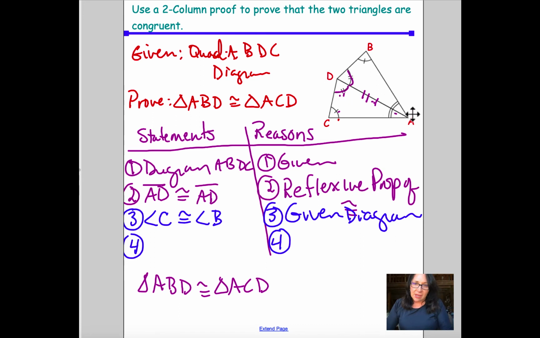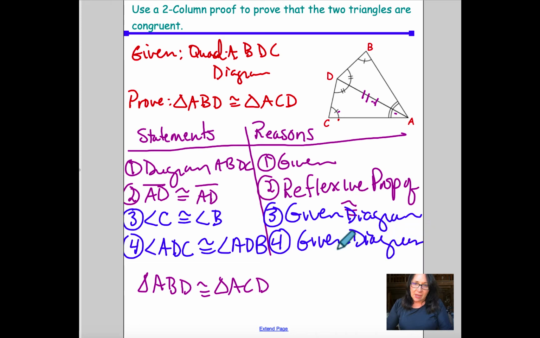You have to say, because you're not sure, are you talking about this angle D, or the big angle D? You don't know which one you're talking about. So you have to be very specific in that. So you're going to say angle ADC. So angle ADC is congruent to angle ADB. And the reason also is given diagram, which we were given in the very beginning.